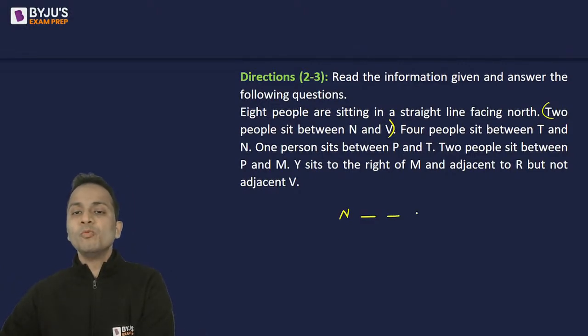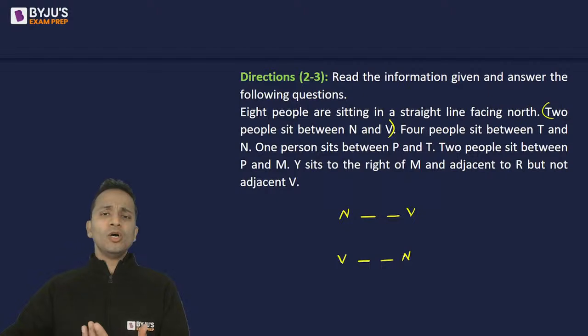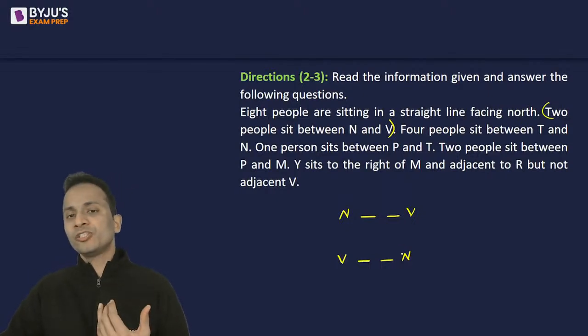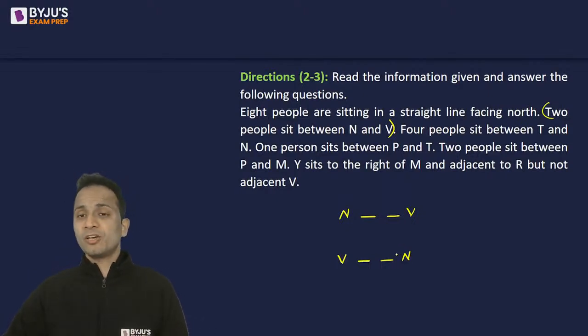N, 2 people, and then V. V, 2 people, and then N. Because I don't know who among V and N is on the left of the other or on the right of the other. Now there are total 8 people.